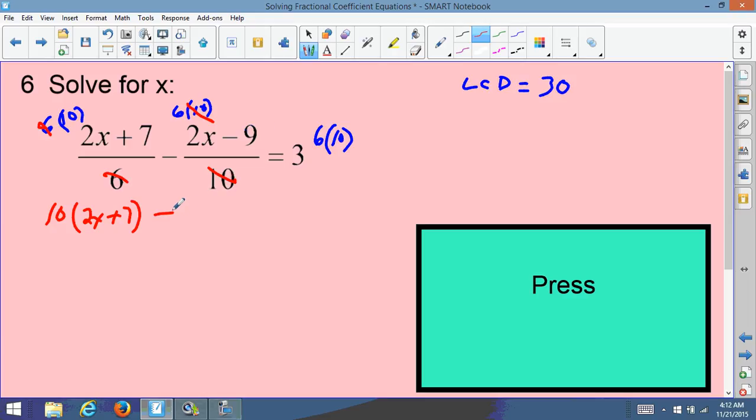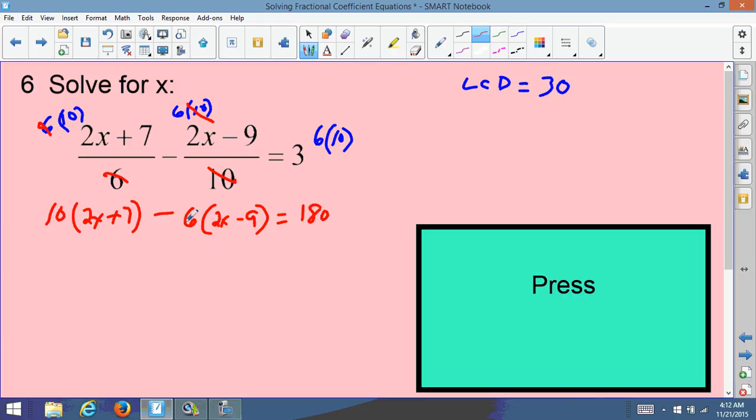So I'll put my minus sign here. 6 times (2x - 9). And this is equal to 6 times 3 times 10. Well, 6 times 10 is 60, and 60 times 3 is 180.